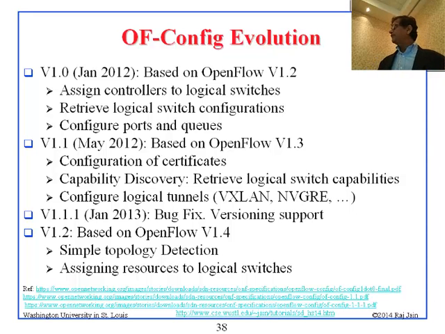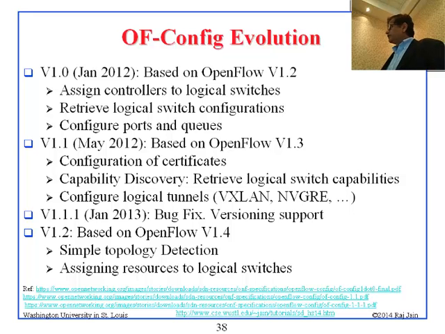So basically the idea is that every time a new version of OpenFlow comes up, there is a new version of OF-config. And here are some of the new features that we have not talked about. Configuration of certificates. Because everything is encrypted, all the communication in OpenFlow has to be encrypted, you need certificates to be able to negotiate the keys. Capability discovery and then VXLAN, etc., topology detection, and assigning resources to logical switches.